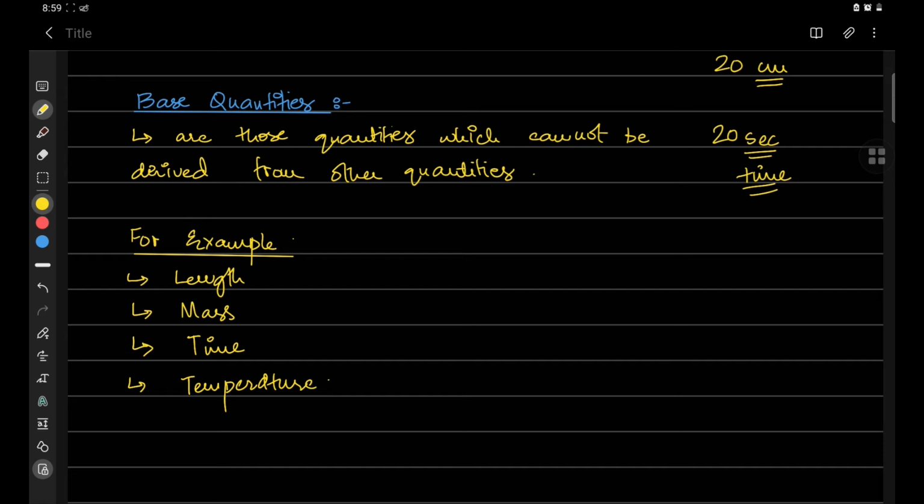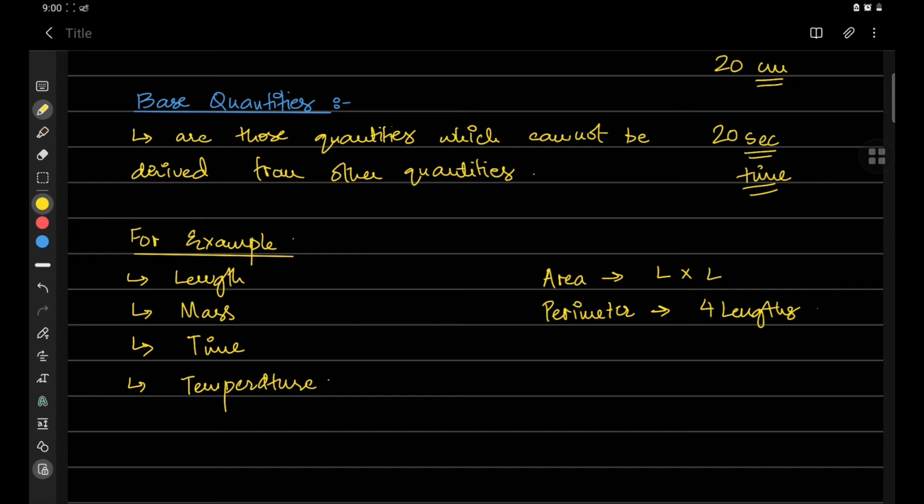So you'd say that area is made up of two lengths, and the perimeter has four sides or four lengths. So area and perimeter are basically those quantities which are derived from other base quantities.